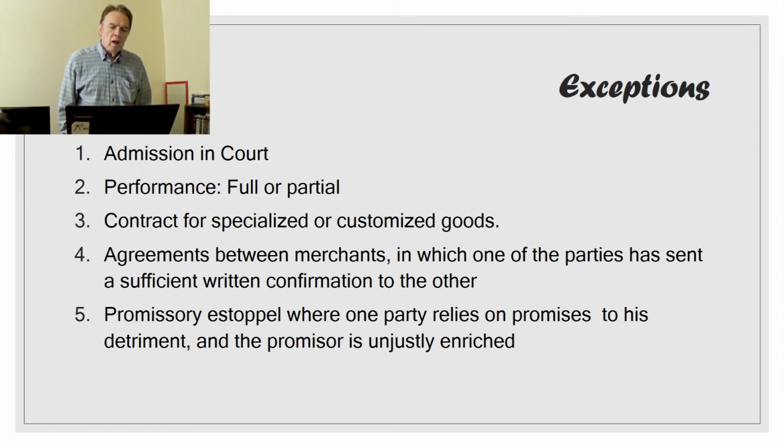So the contract performance has to be full or partial. This usually applies in cases such as when you go to a furniture store and you buy some furniture for your living room. You buy the full living room set that people usually have.